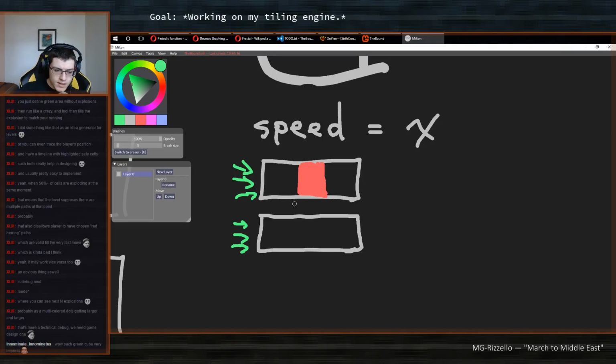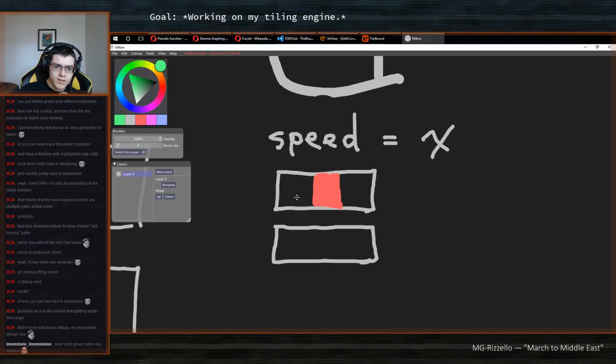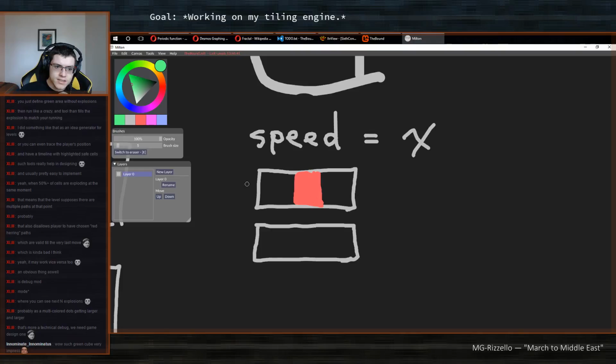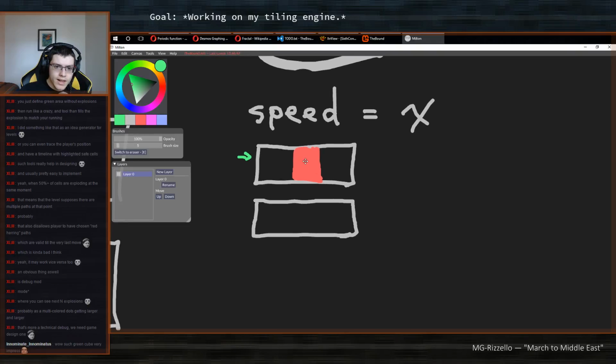I'm sending 2 rays per frame. So I'm sending a ray right as this thing starts, and then I'm sending a ray right as this thing starts, right after this.